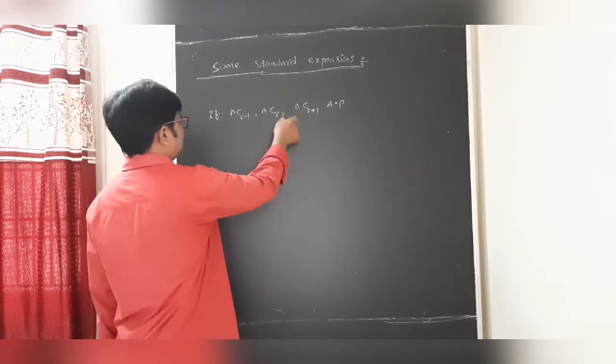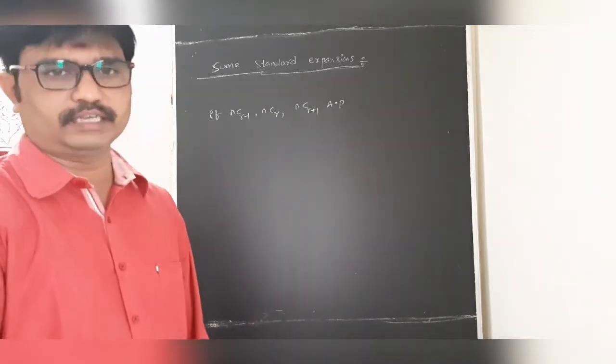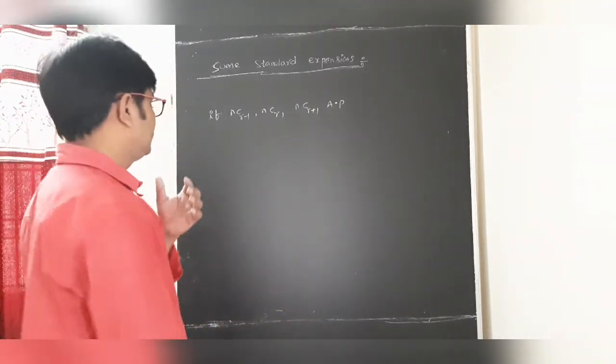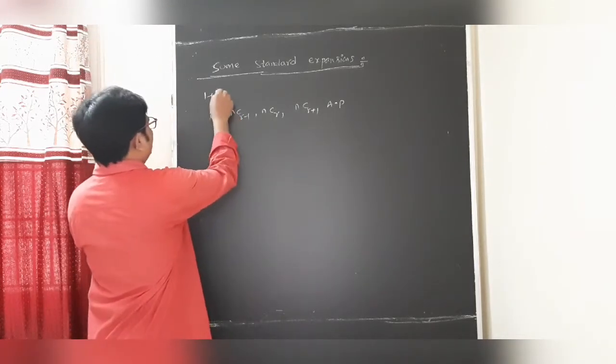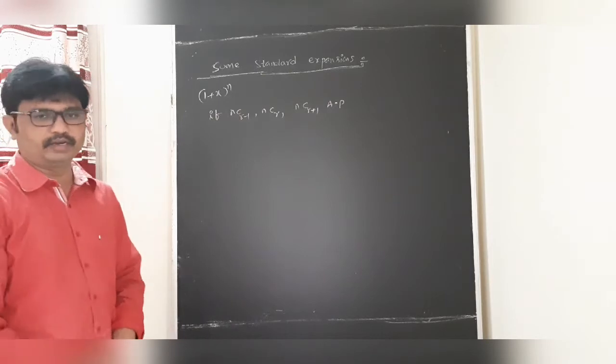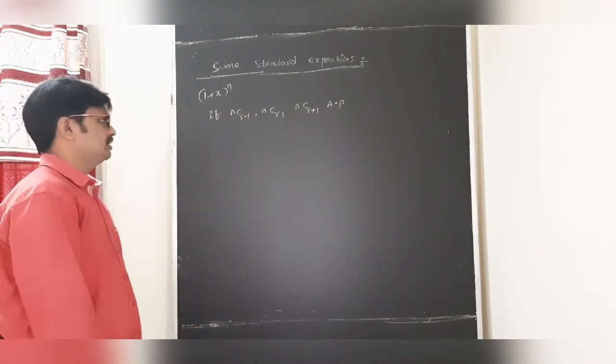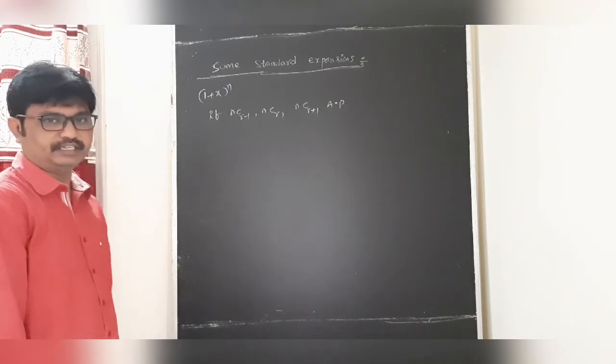These are three successive coefficients in the expansion of 1 plus x whole power n. In 1 plus x whole power n, the successive coefficients are NCR minus 1, NCR and NCR plus 1. Then what is the condition?